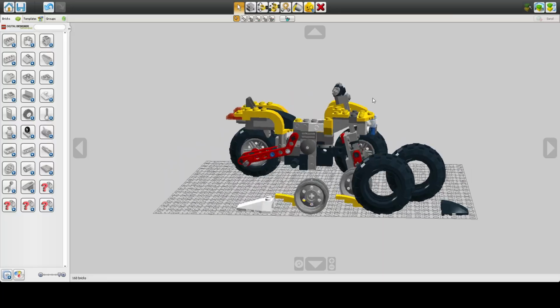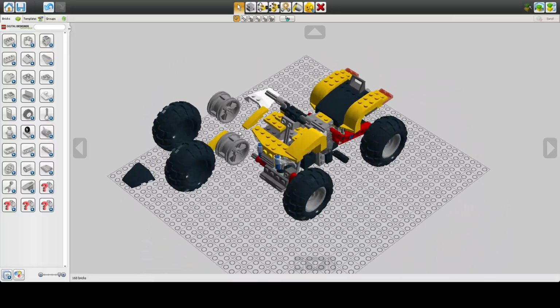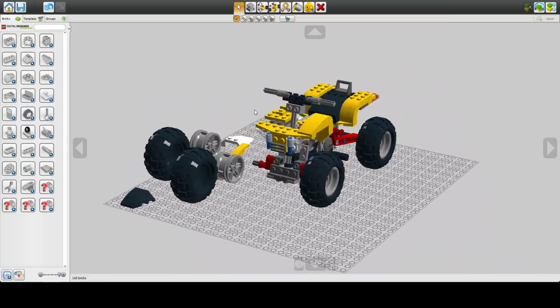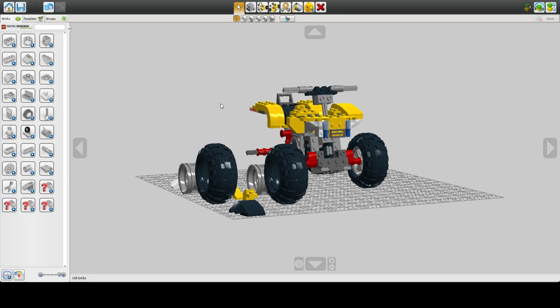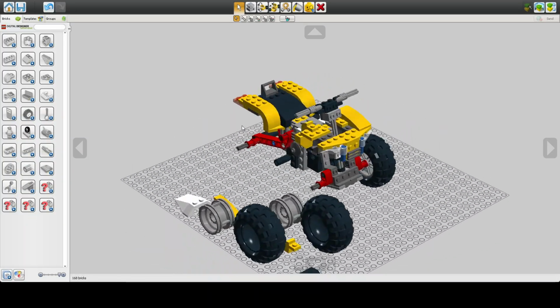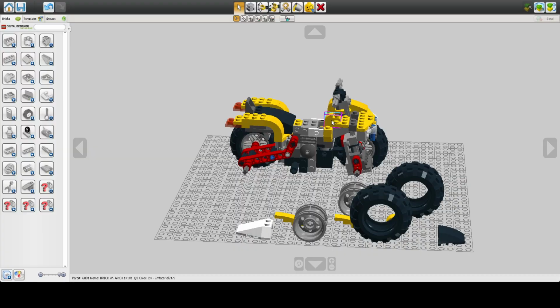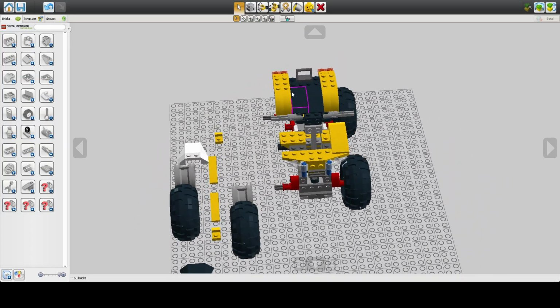Just because my mind, I think I'm getting used to it now, my mind could study the objects much easier when I could hold them with my hand, play with it, and finally figure out where it goes, right?